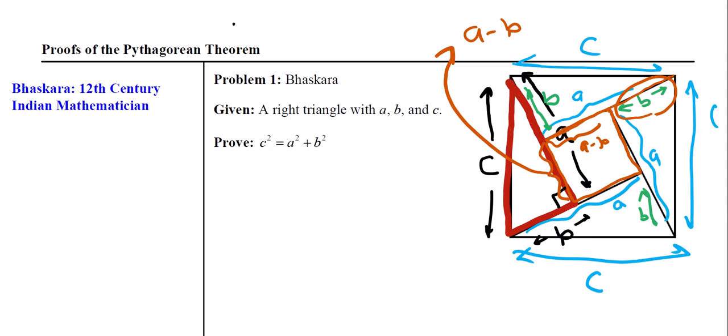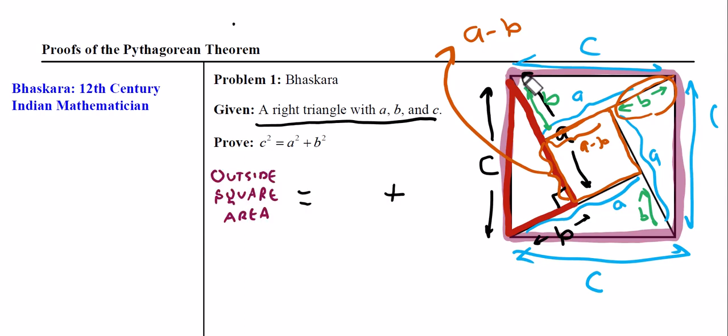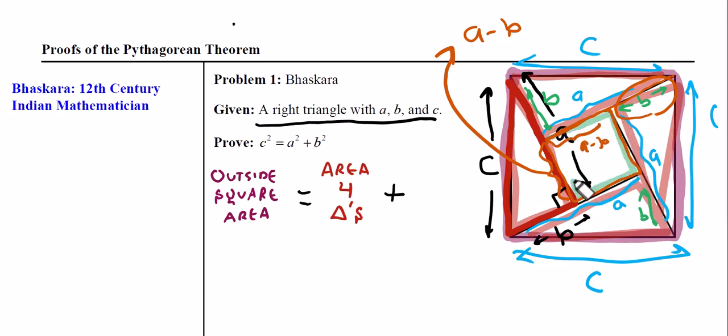Let's set up a relationship among all these shapes. We're given the right triangle ABC. We took that red triangle and made 3 more copies of it. We took the 4 triangles and rearranged them to make this diagram, in such a way that the hypotenuses are all on the outside of this larger square. So we have this outside square equal to these 4 triangles plus the area of this square in here.